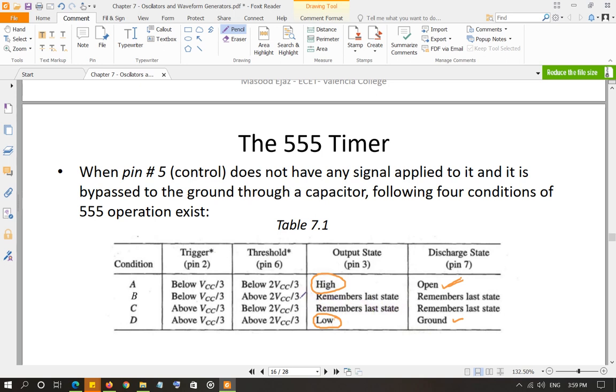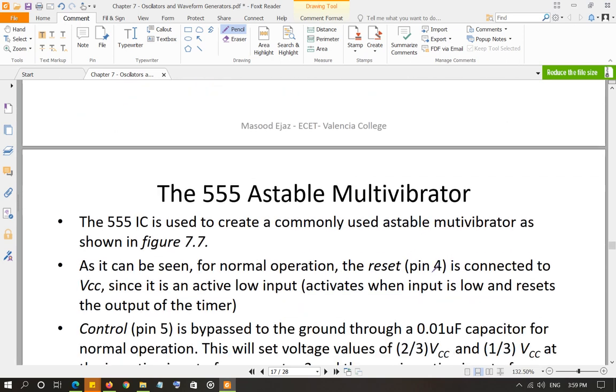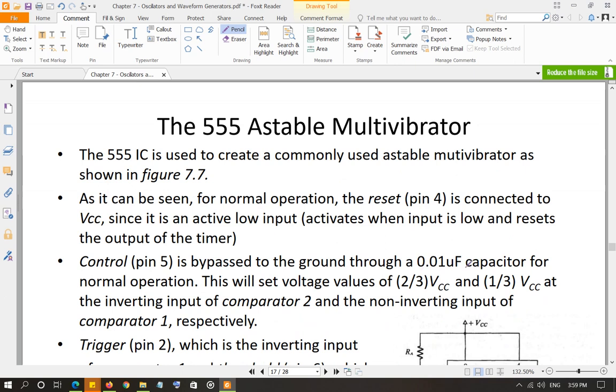As you will see in our circuit, these two conditions, A and D, will be employed, and the output will be either high or low. When condition A is satisfied, both these conditions have to be satisfied. When condition D is satisfied, both these conditions have to be satisfied, right? So let's move on and see how we can create an astable multivibrator.